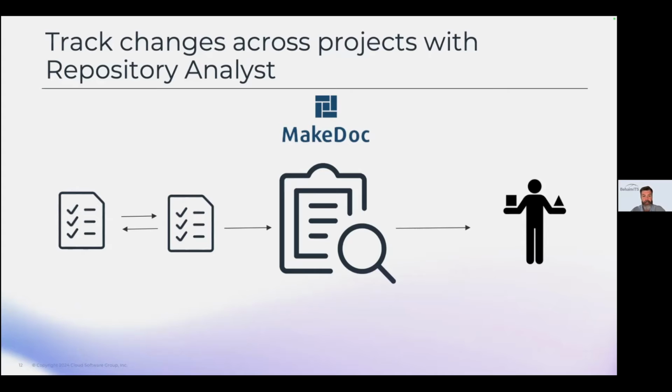And then you can take those 2 snapshots and compare them. MakeDoc will show you visually all changes: what was added, what was removed, and what features or configurations were changed. This is very useful in many cases. I'll be talking about some use cases later on.